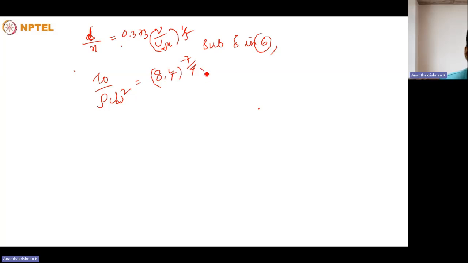So we can club them together with the nu by u infinity term. It will be nu by u infinity, nu raised to 1 by 4, u raised to 1 by 4, 8.7 raised to minus 7 by 4, and delta raised to 1 by 4.